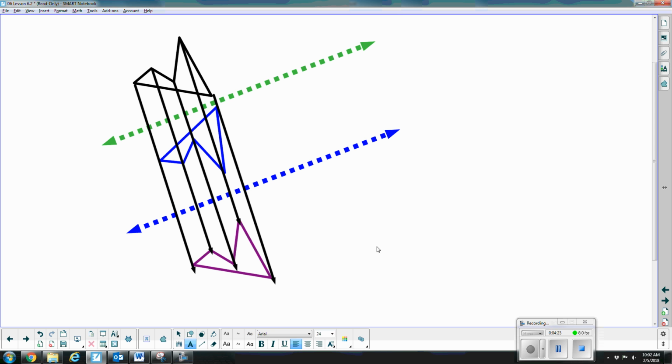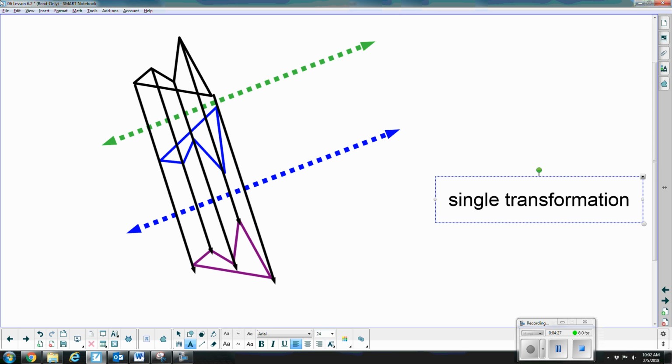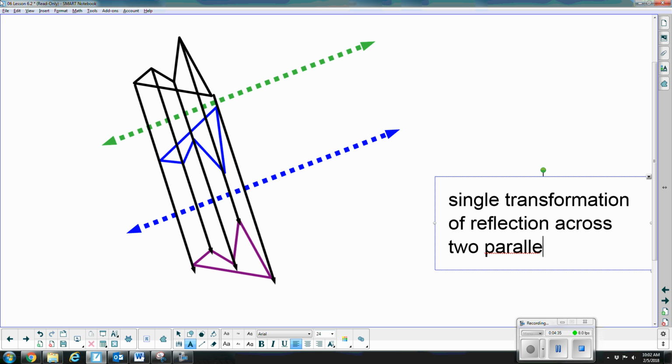So the single transformation of a reflection across parallel lines is a translation.